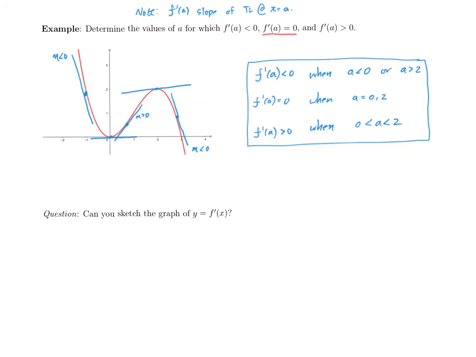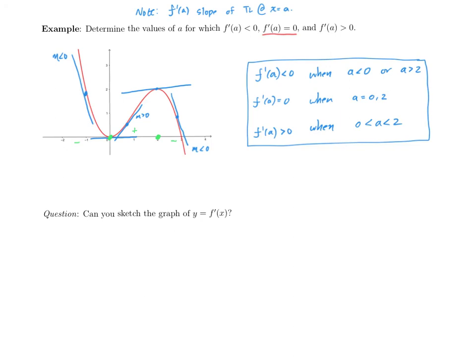Okay, so now that you've done this, let me walk you through my thought process. We know that f' is going to be 0 at 0 and 2. And then I know that the derivative f' is going to be positive between 0 and 2, negative to the left of 0, and negative to the right of 2.